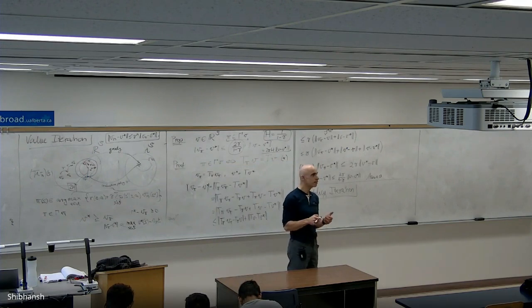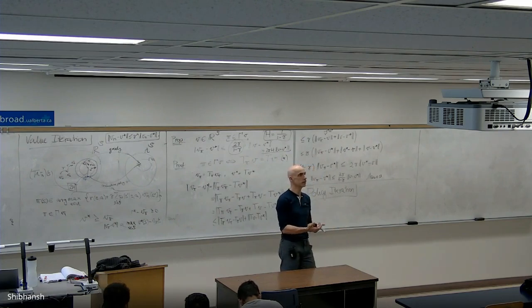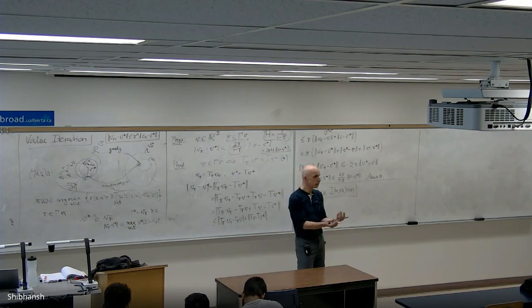The size of the MDP is how many states you have, how many actions you have. The data that goes into this calculation, how big is that? If you want to write a code, what's the input? It's going to be the rewards, and the transition probabilities for all state-action pairs, the next state probabilities.